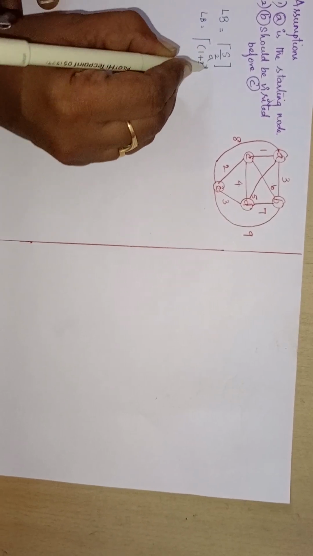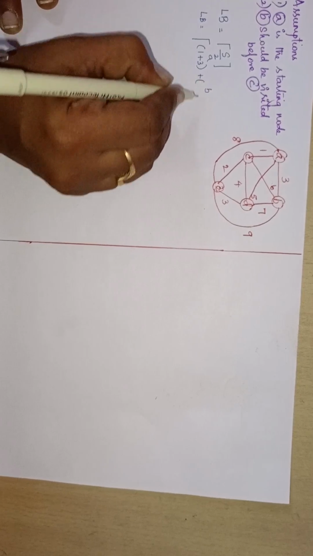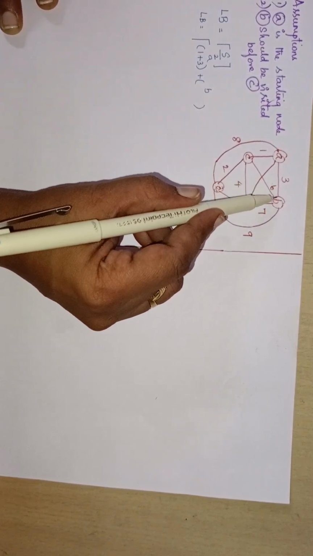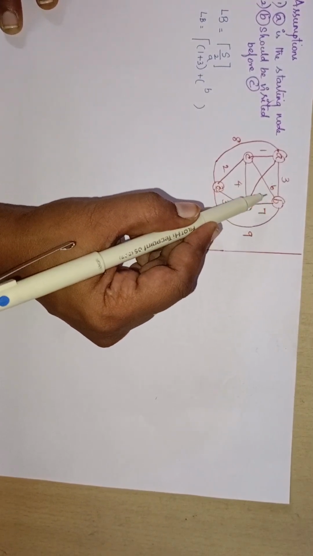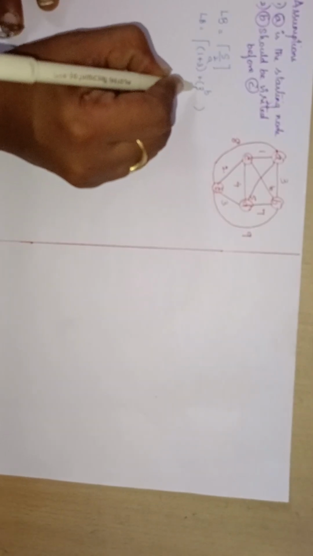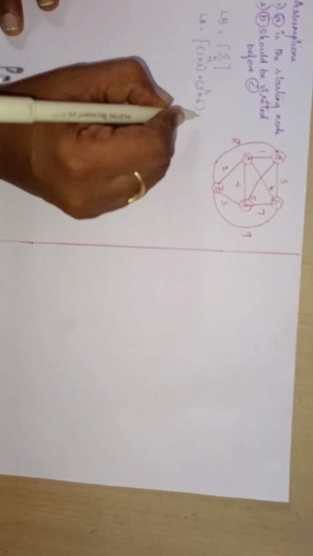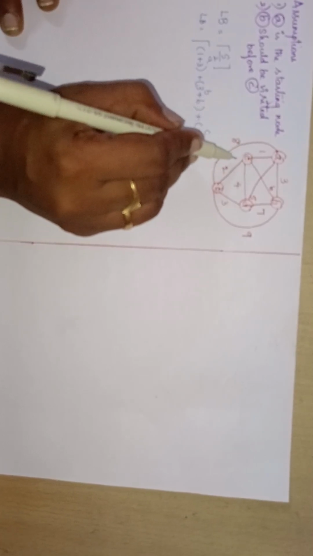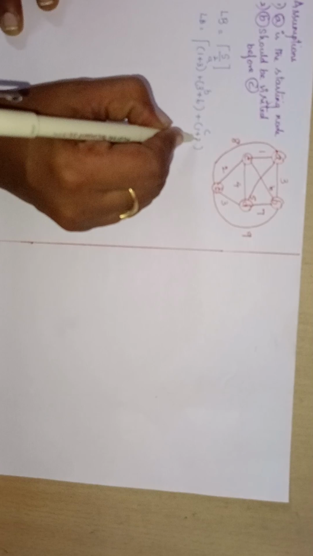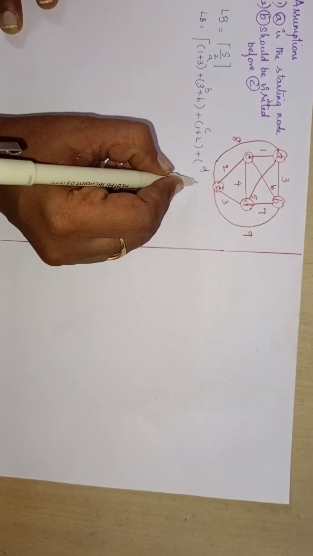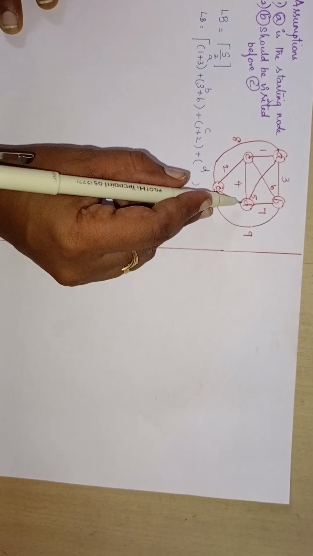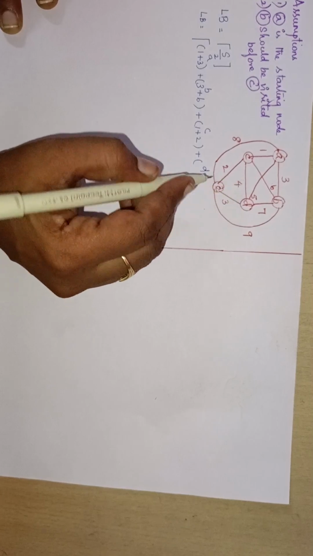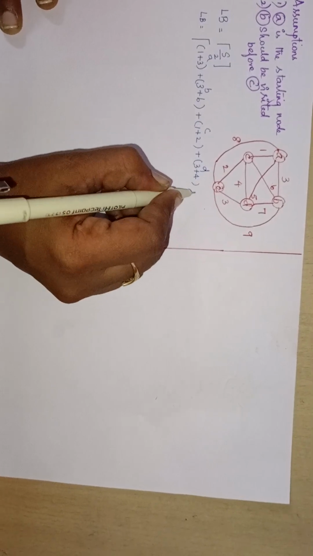This is for A. For B, the closest or the shortest are 3 and 6. So it is 3 plus 6. For city C, the closest distances are 1 and 2. For D, the closest distances are 3 as well as 4, so 3 plus 4.